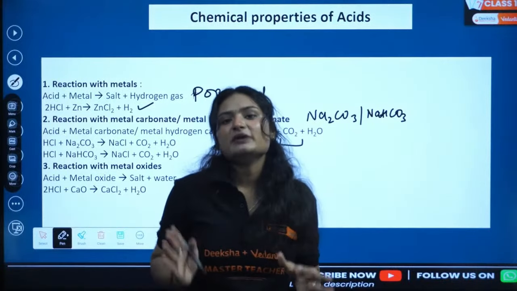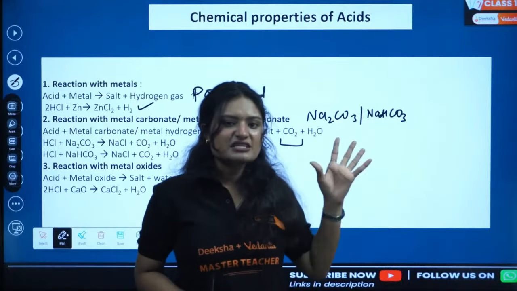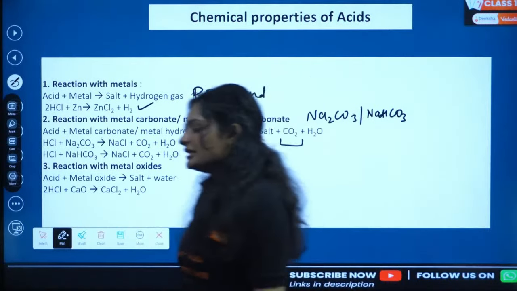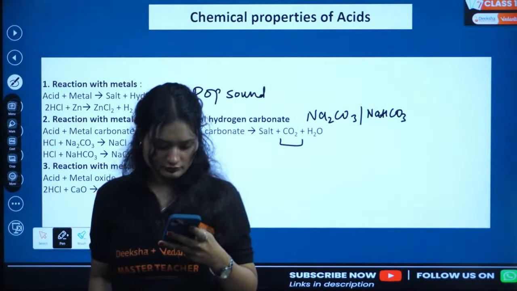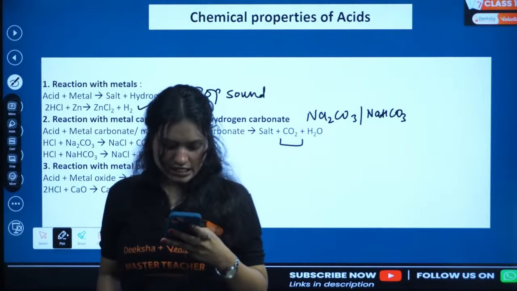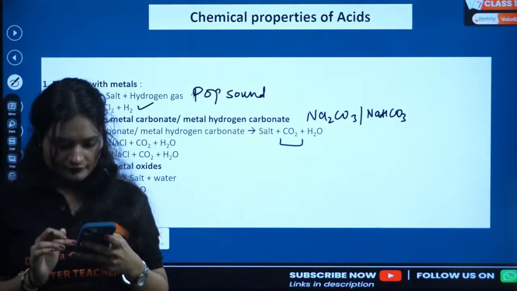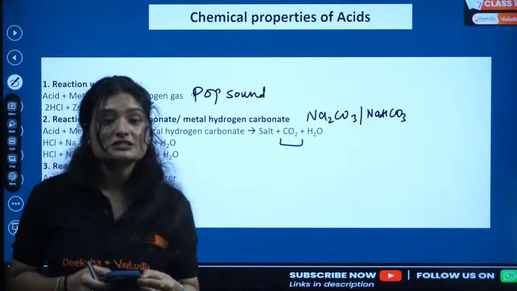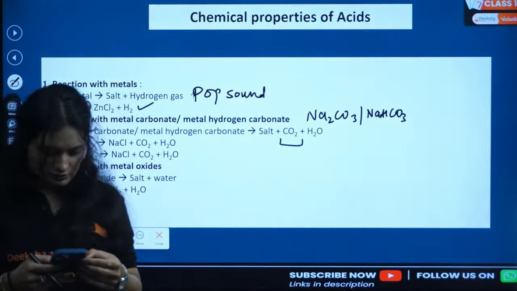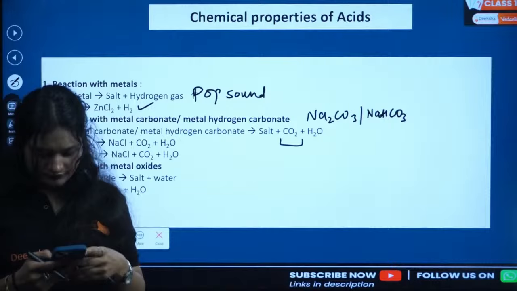Okay. How do acids react with metal oxides? Again, what is the nature of metal oxides, my dear kids? Metal oxides are basic in nature.